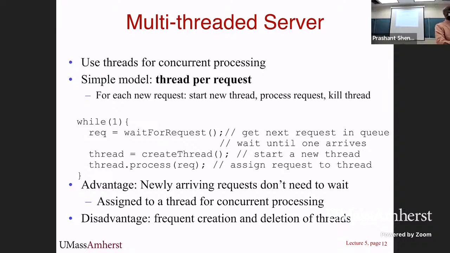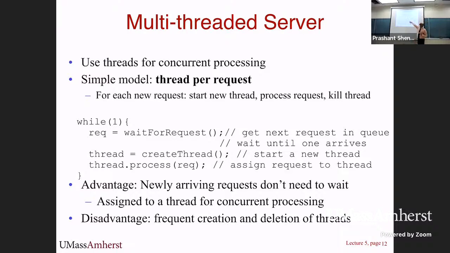And you are going to hand that request to the thread, saying, here is a request, go process it. The job of that thread is to process the request. Once it sends back the reply, this thread is going to terminate. The lifetime of a thread is essentially the lifetime of servicing a request. So this is called a thread per request model.